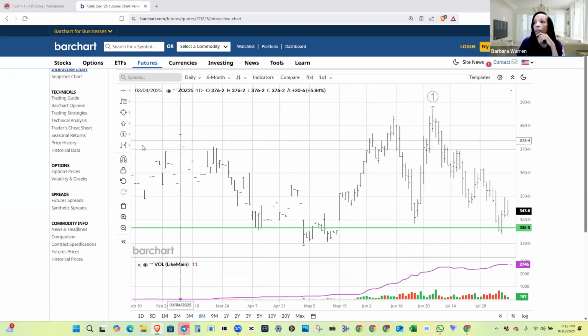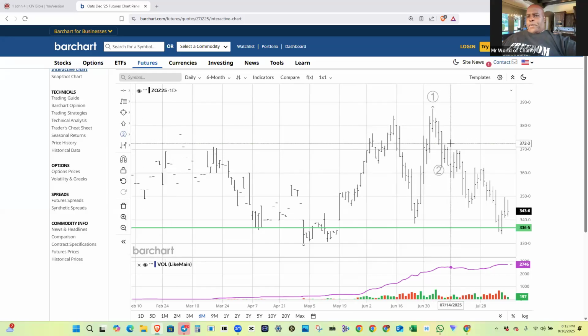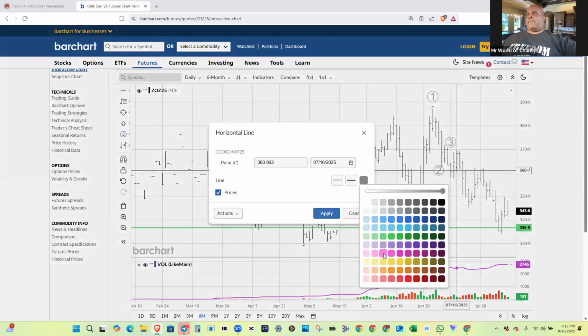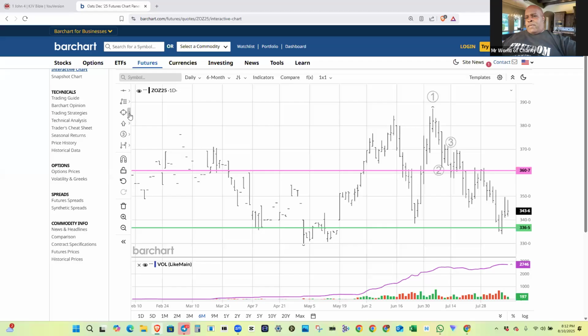Let's put a 1. Then we have our 2. We have our 3. So we see a 1, 2, 3 on the chart, and we say, "Hey, we've got a top formation." We look at the time frame of the 1, 2, 3. We want to get in this trade.